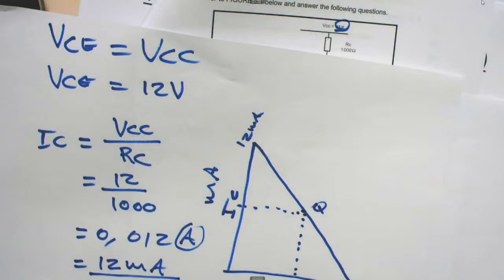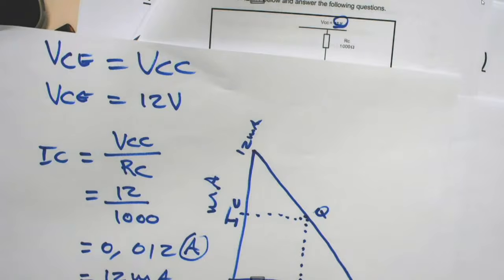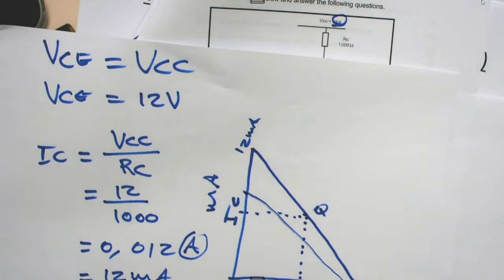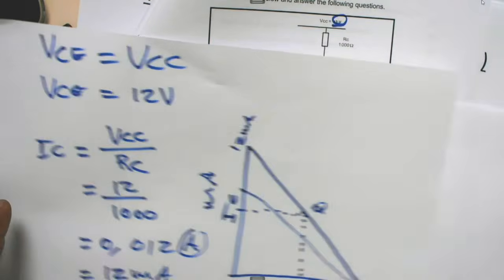But if our RC increases, our current will drop. So it might drop to somewhere here. Just making an example, it might drop to somewhere here, which will also shift the quiescent point.